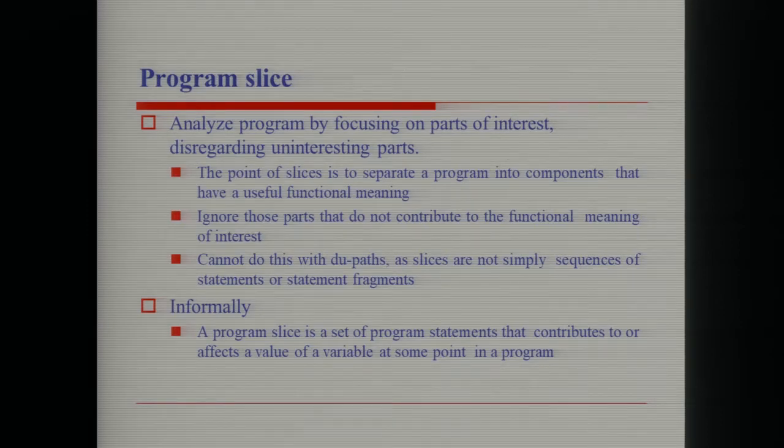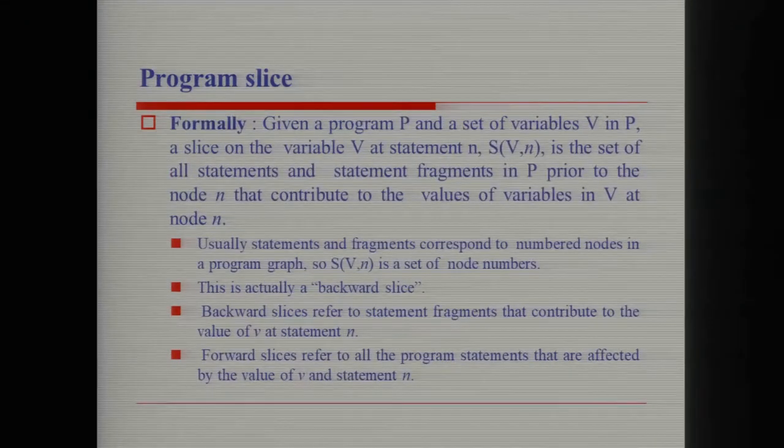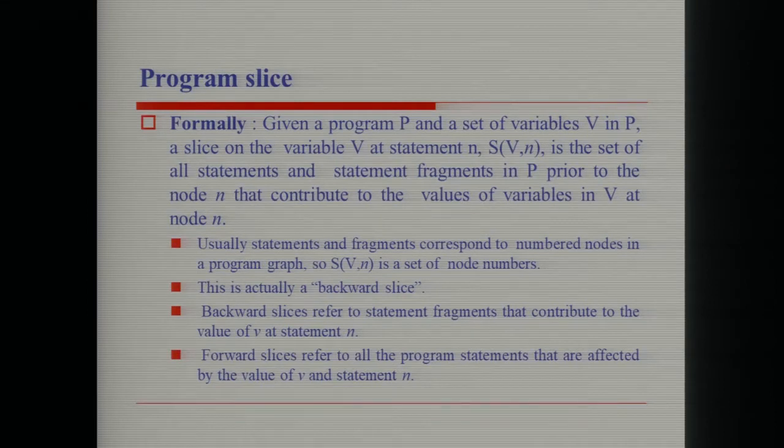Now, the formal definition of slicing is given by a set represented by S, within which we have the set of variables V and the statements N. The set of variables means those variables for which we are trying to do the slicing of the program. N means those statements or nodes which affect or contribute to the change of values of those variables.